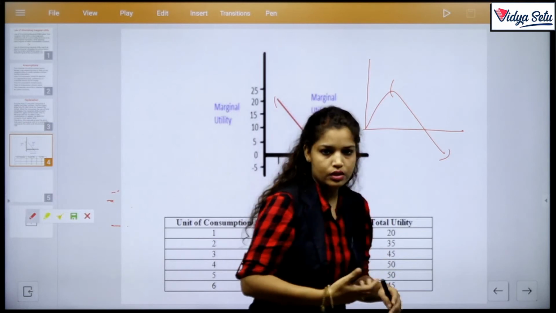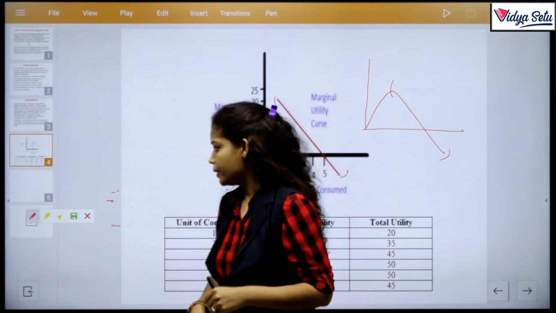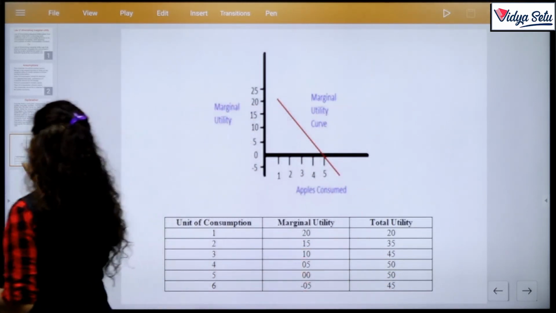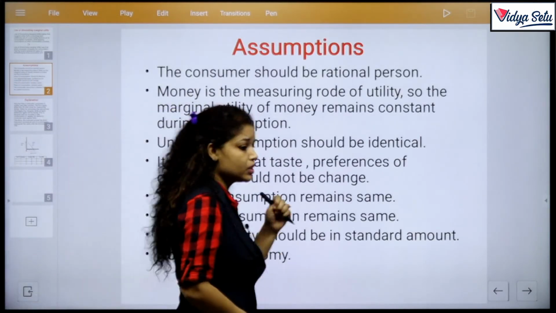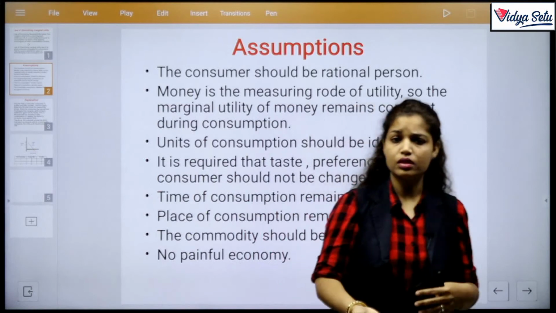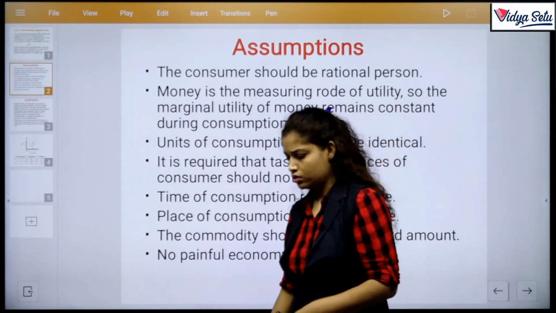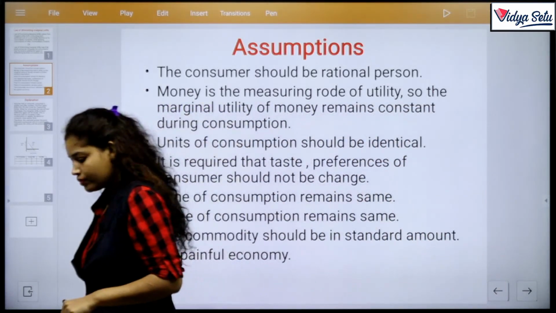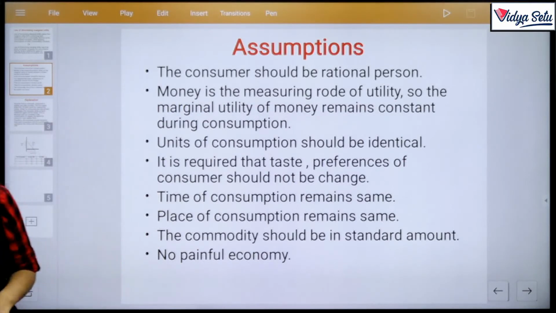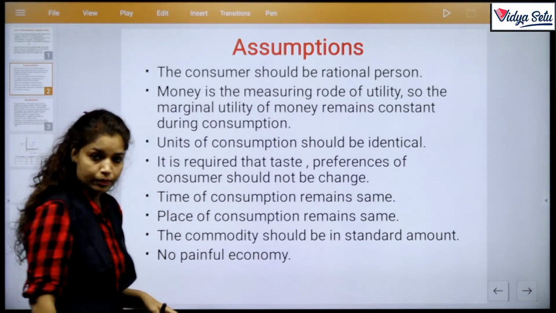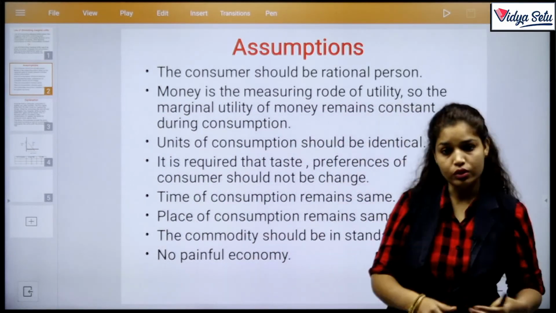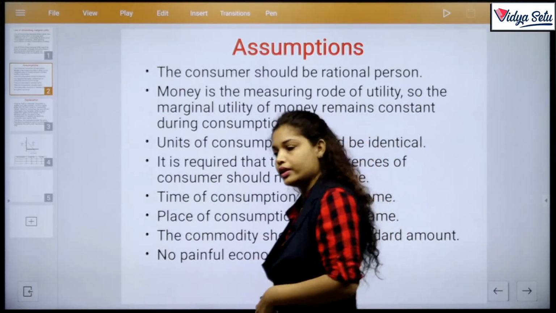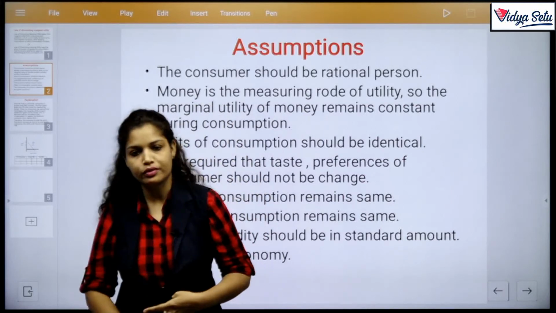We have just discussed another concept, that is the exception of the law of diminishing marginal utility. The assumptions make the exceptions of that law. First one, the person should be a rational person. It is not necessary. Sometimes we also perform like an idiot when we don't know about the condition of the market, we don't know about the prices of the commodity.